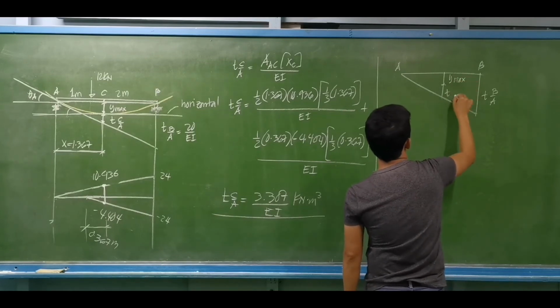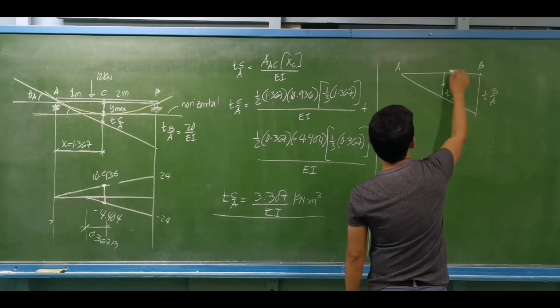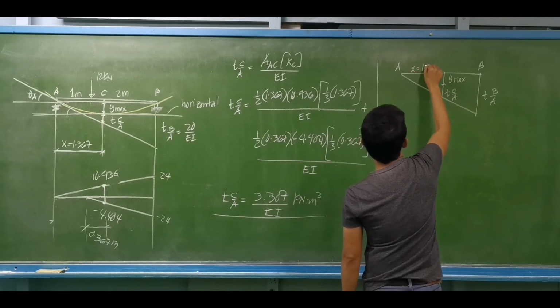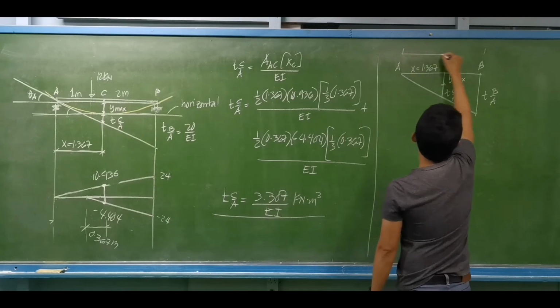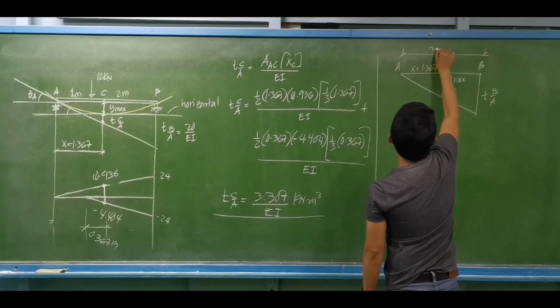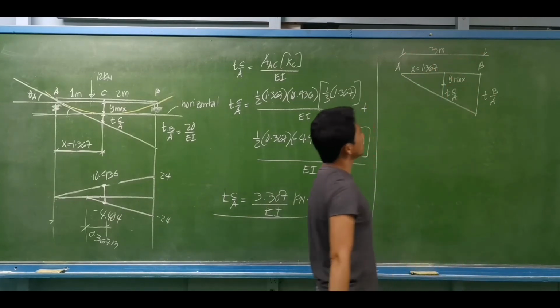Ito naman yung deviation from A to C. So ito yung distance x equal to 1.367 meters, and the length of the beam, we have 3 meters. Ayan.